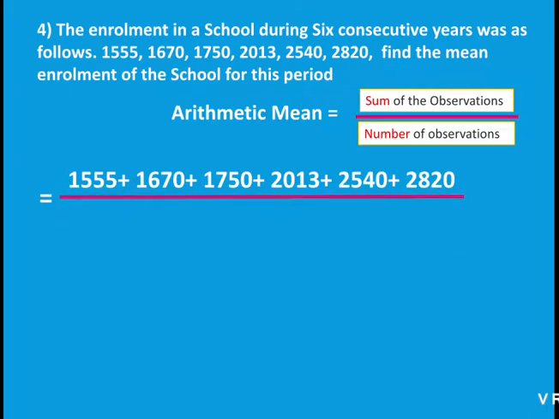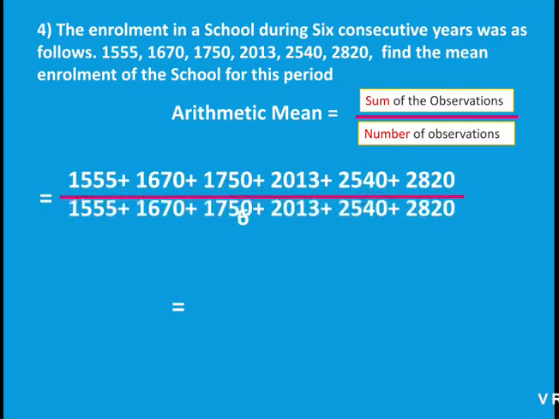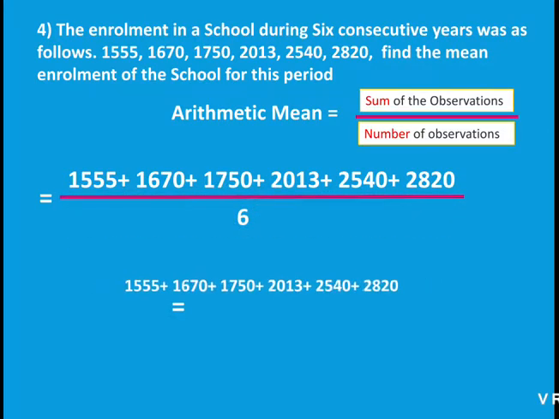Total how many observations here? We can see 6 consecutive years. So we divide this sum by 6. Yes, we divide the sum by 6. We add these 6 numbers.